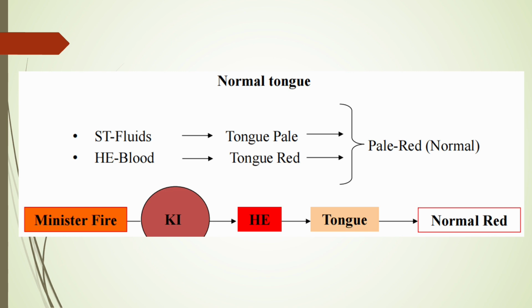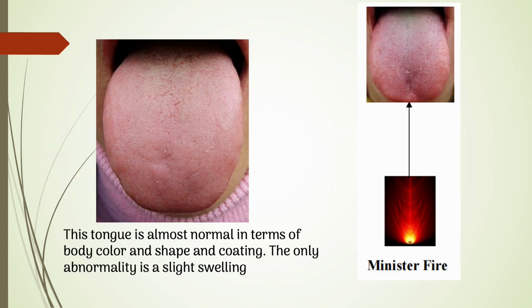Therefore, the influence of stomach fluids, heart blood, and Minister fire give the tongue a normal pale red color. It follows, therefore, that a normal pale red tongue indicates a good state of the stomach, heart blood, and Minister fire, and therefore kidney yang.